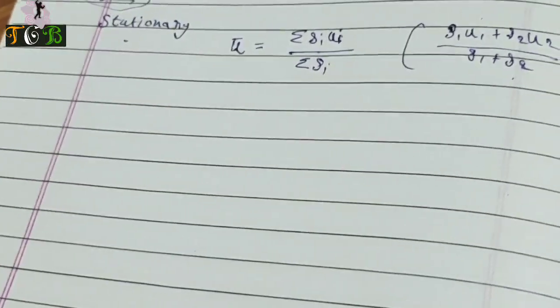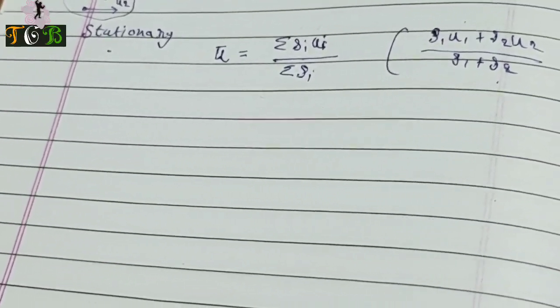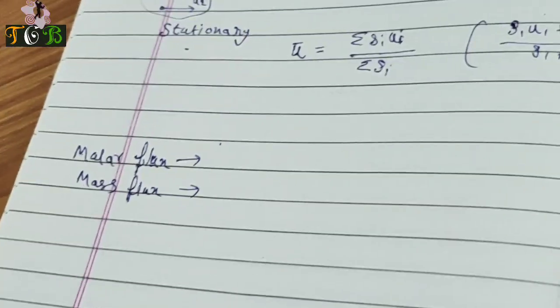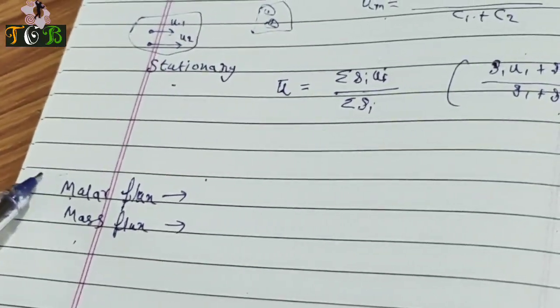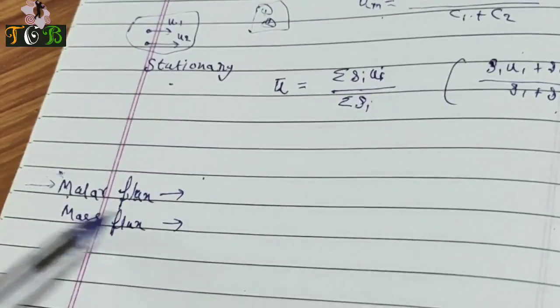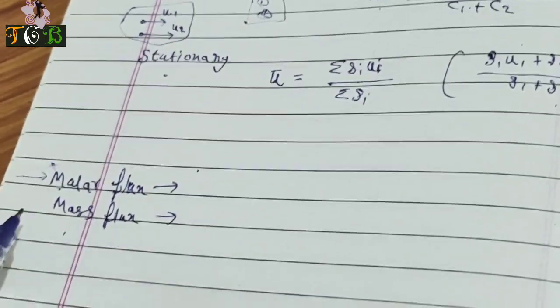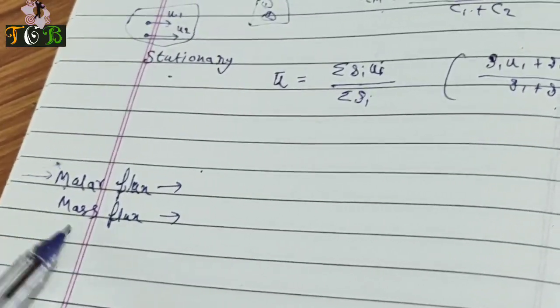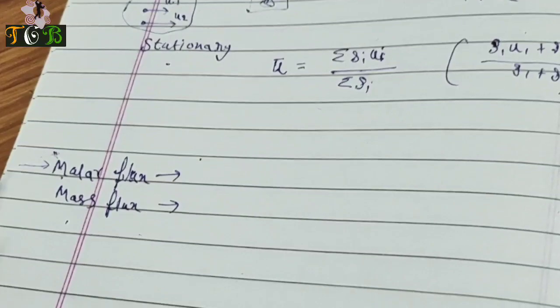Now guys, we're going to define a very important term in mass transfer, which is the flux. Flux can be of two types, molar flux or mass flux. In mass transfer, we're going to use the molar flux very often. Mass flux is also there. So what is flux?